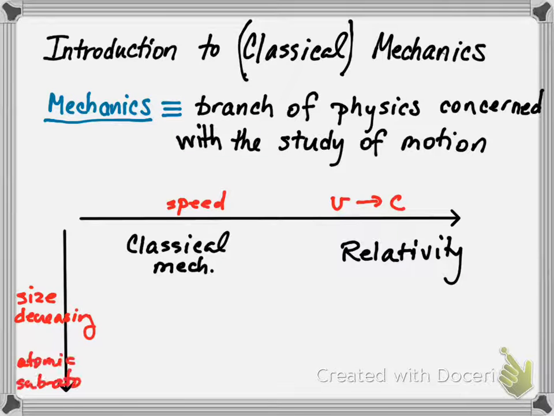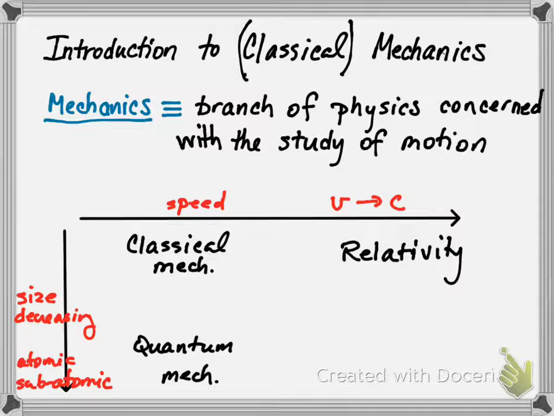Now I can also draw another axis here where size is decreasing as I go down. And when you get down to the level of atomic and subatomic particles, you need a different theory, quantum mechanics. So quantum mechanics is what we call it when you're dealing with the motion of very tiny particles. And I can actually fill in, there's a name for this fourth block here that's missing.